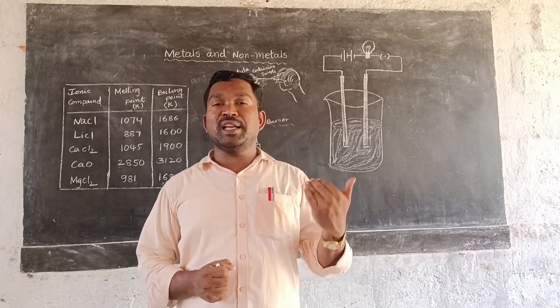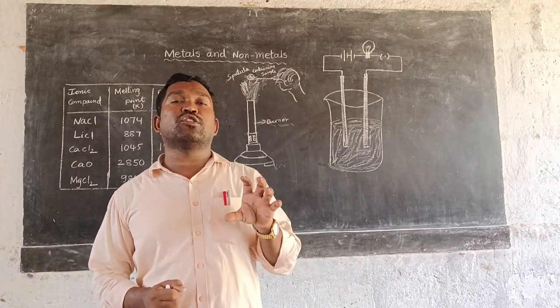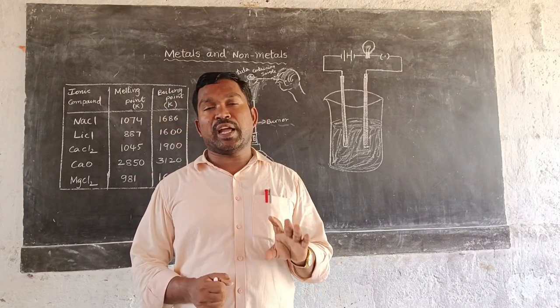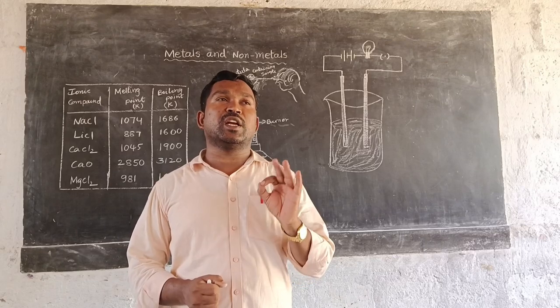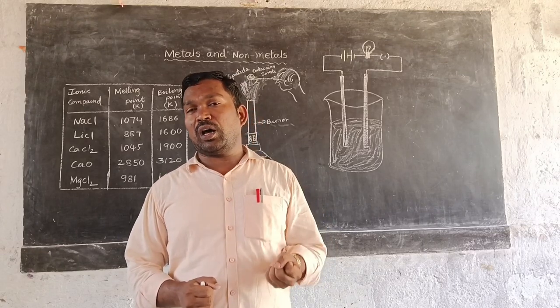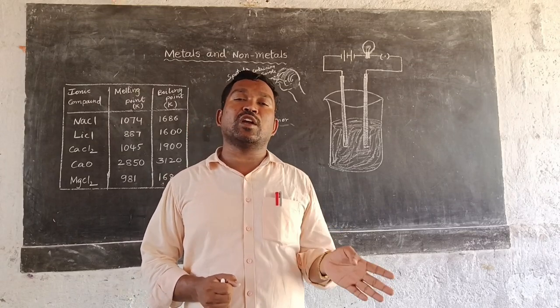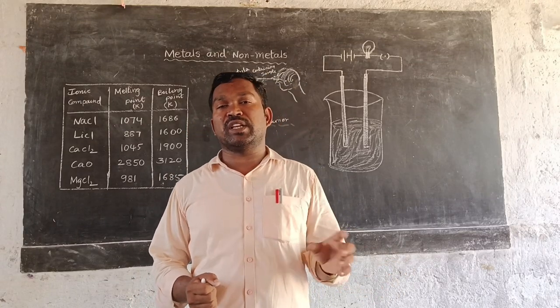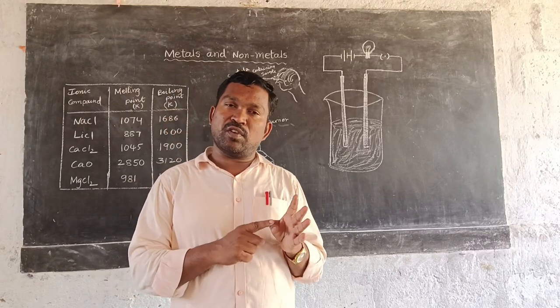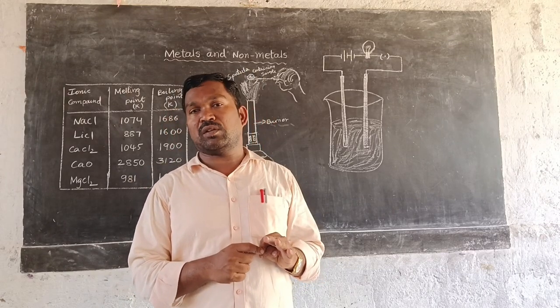After purifying, we will get the pure metals. Next, highly reactive metals. Highly reactive metals are not available in the free state. Copper is available in the free state, but the remaining moderate and highly reactive metals are not. Highly reactive metals are available in oxide or chloride formation.